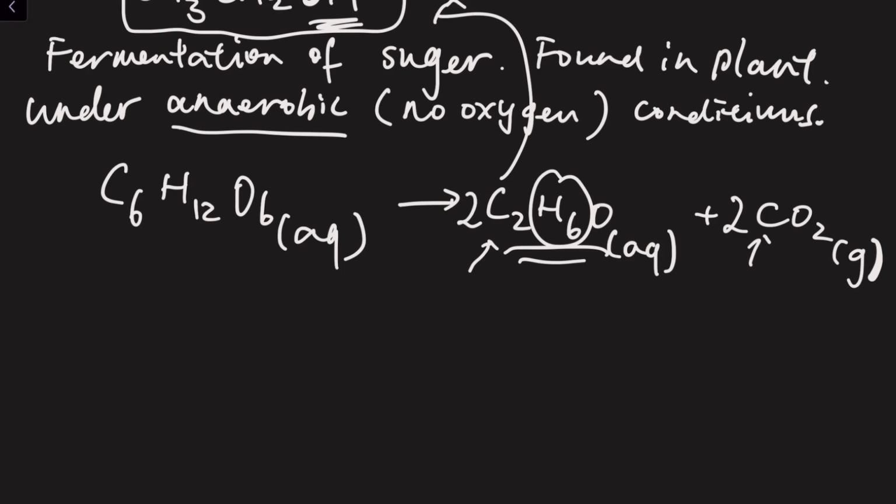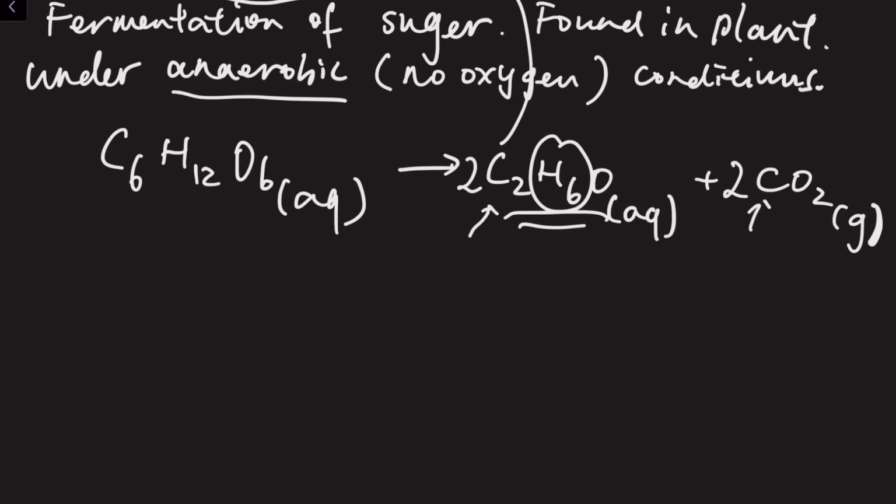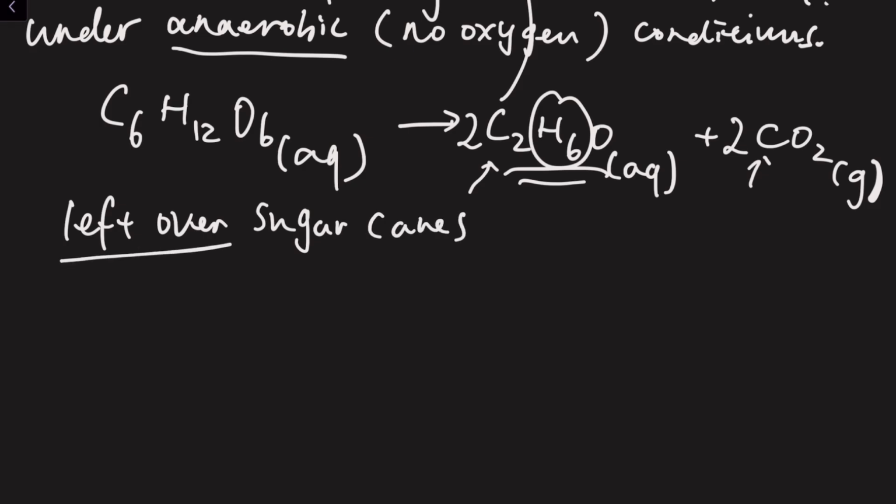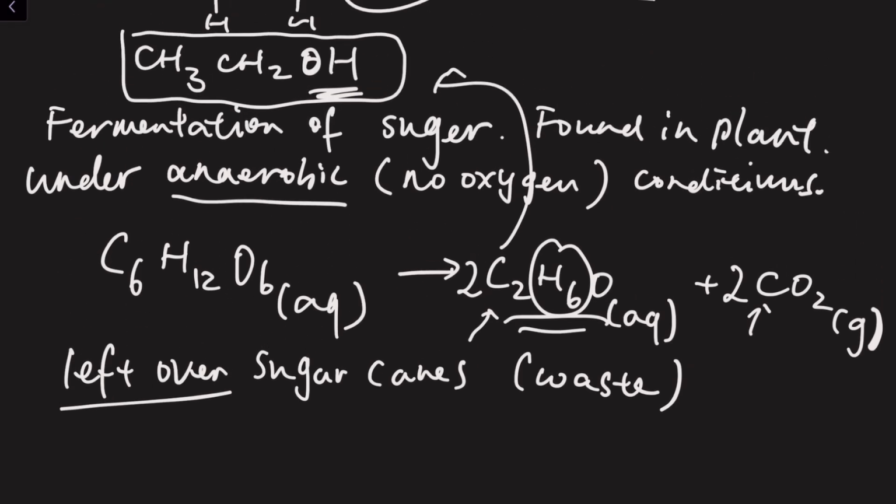So where does this sugar come from? What plant material does sugar derive from? Back in the day, we used leftover sugar canes. This is important because it is a waste, and we can turn this waste into ethanol, which can be used in combustion in cars.